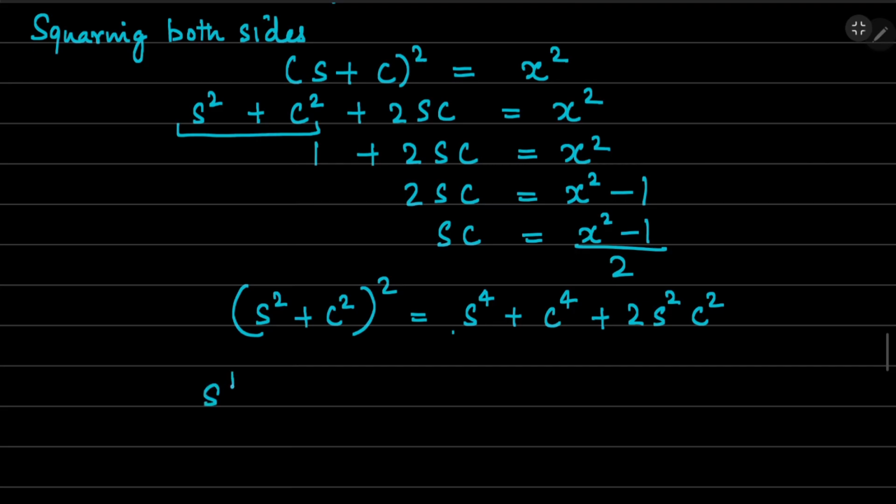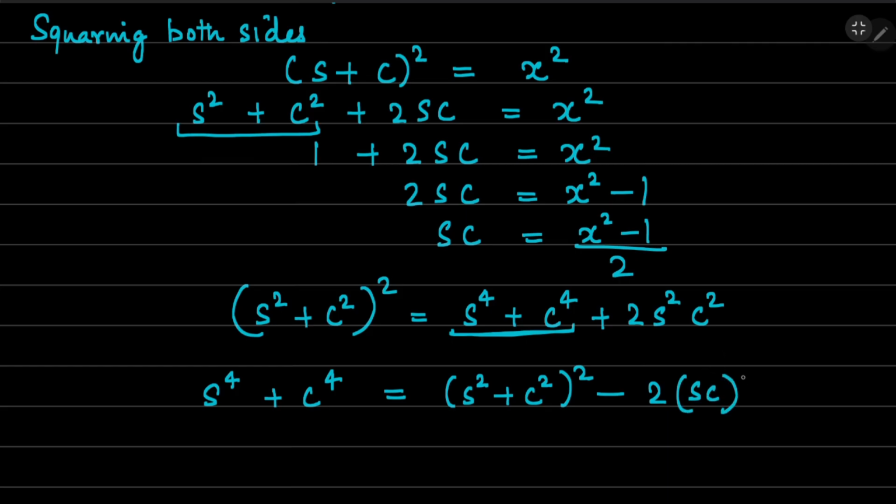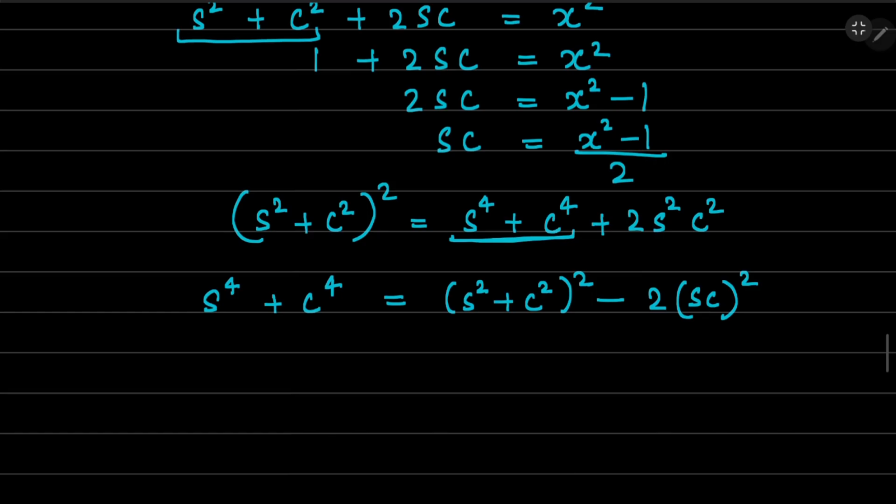So sine to the power 4 theta plus cos to the power 4 theta will be equal to sine square plus cos square the whole square minus 2 sine square cos square. I'll just write sine theta cos theta the whole square. What is this?